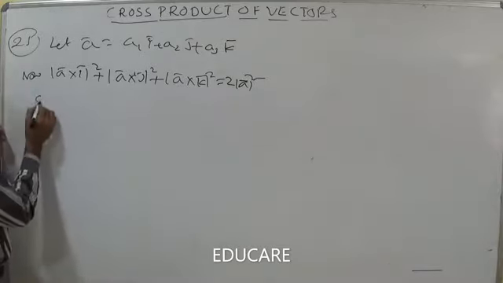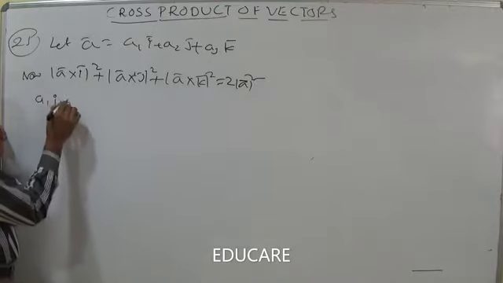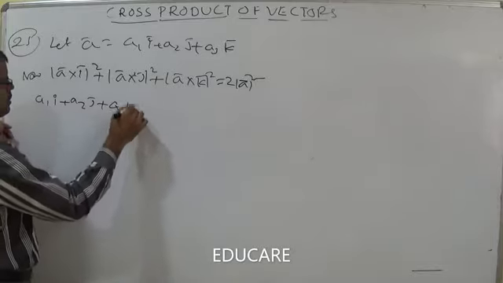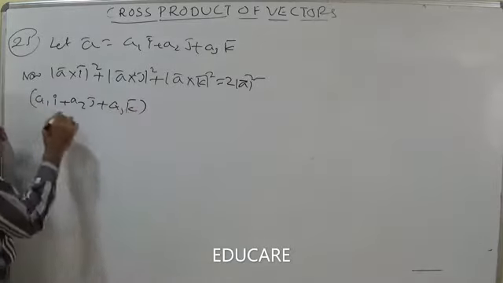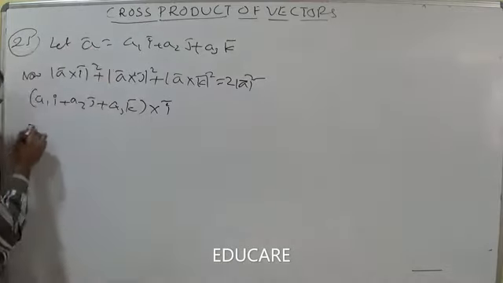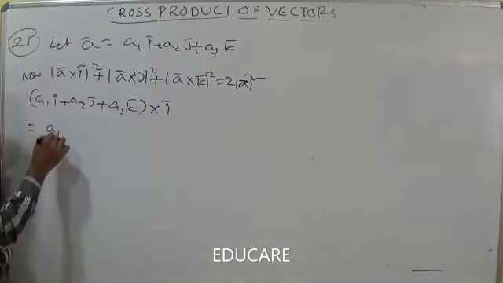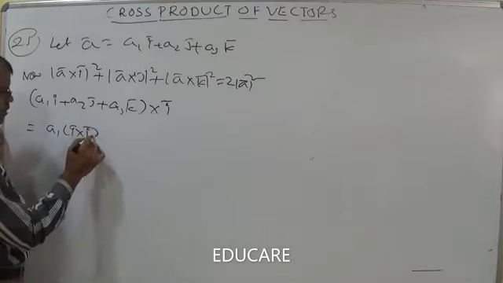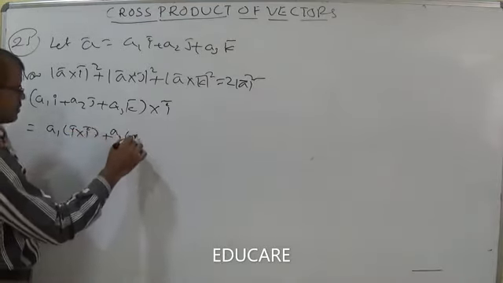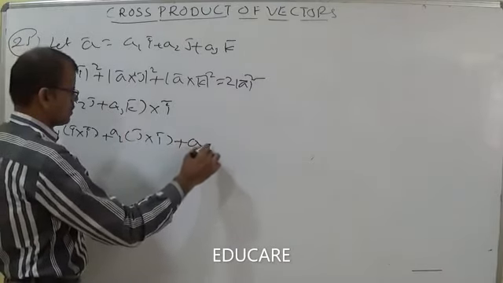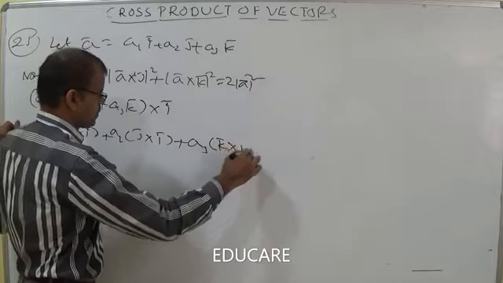A cross i means a1 i plus a2 j plus a3 k, into cross i bar. You can multiply like this: a1 into i cross i plus a2 into j cross i plus a3 into k cross i.